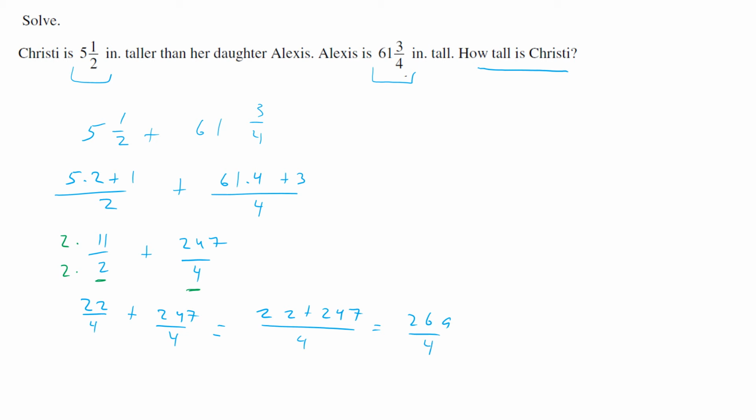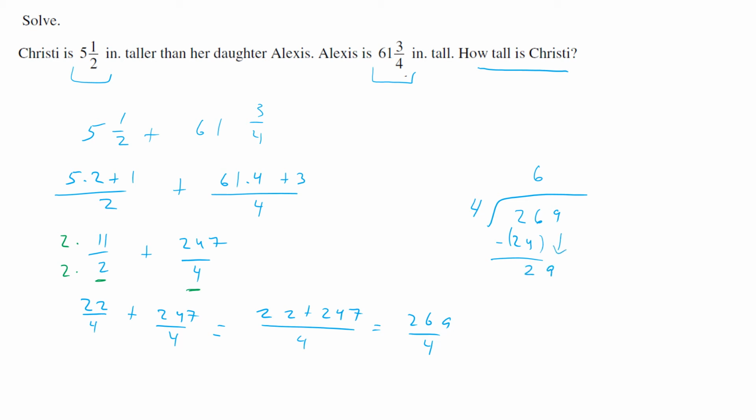Again, if the problem is given as a mixed number, then we want to convert the improper fraction to a mixed number. So I'm going to take the numerator, divide by the denominator. 4 goes into 26 6 times. If I multiply back, 6 times 4 is 24. Gives me a 2.